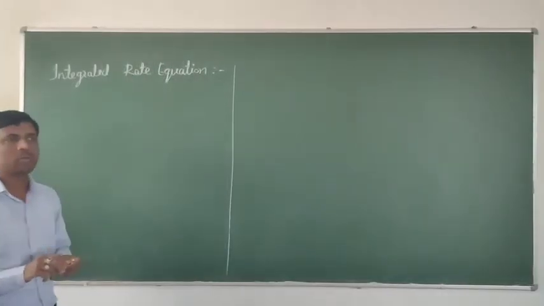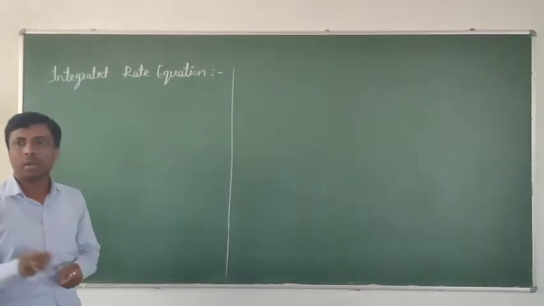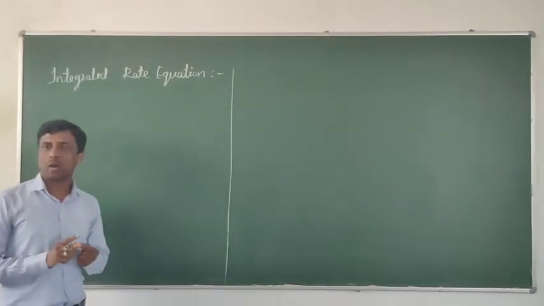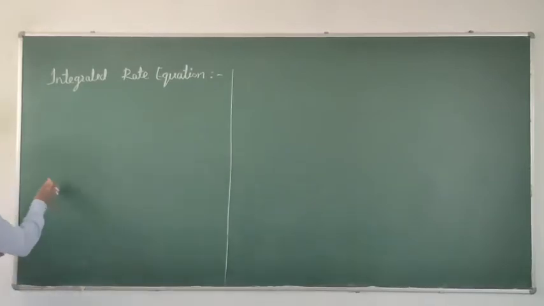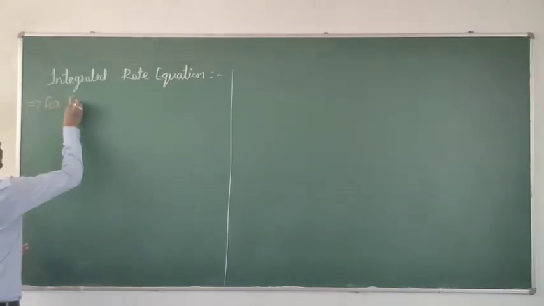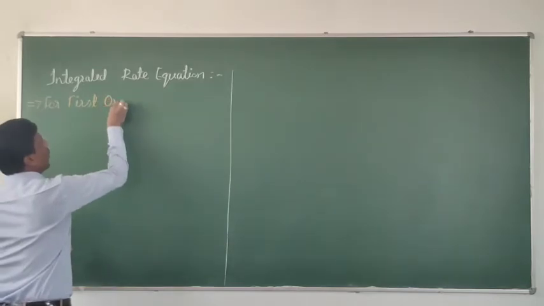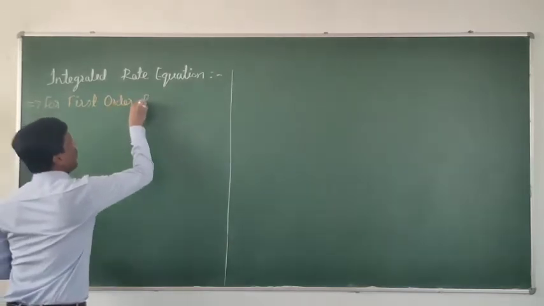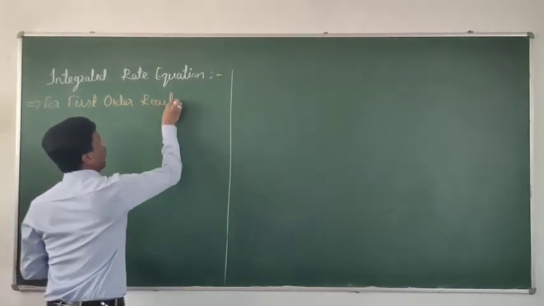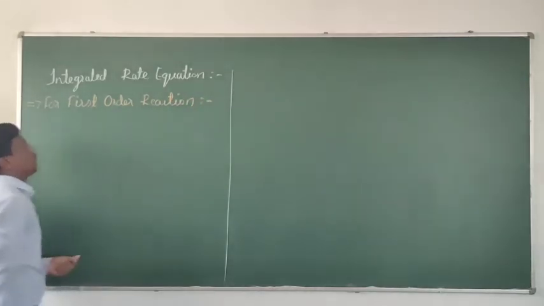Now let's continue the discussion regarding the integrated rate equation. Already we have studied the integrated rate equation for zero order reaction. Now let us study it for first order reaction.